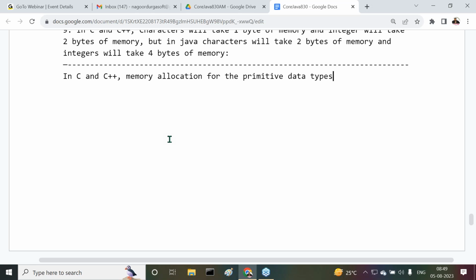Understand it clearly. So in C and C++, memory allocation for the primitive data types, listen carefully, is not fixed.